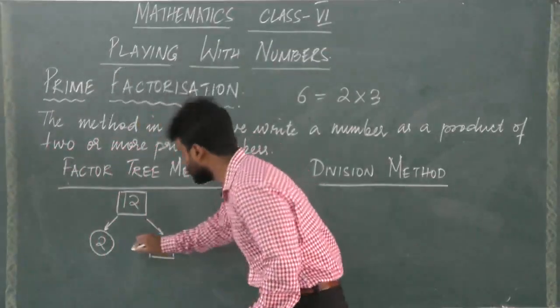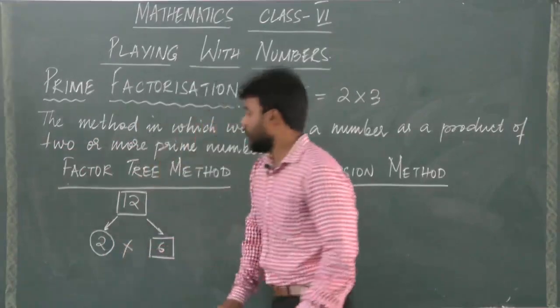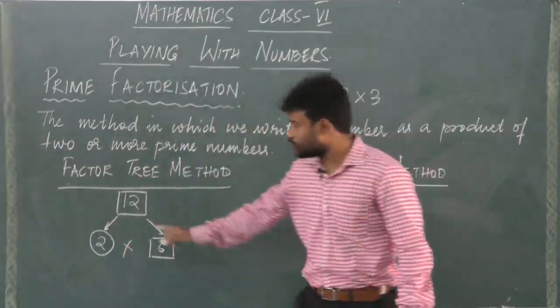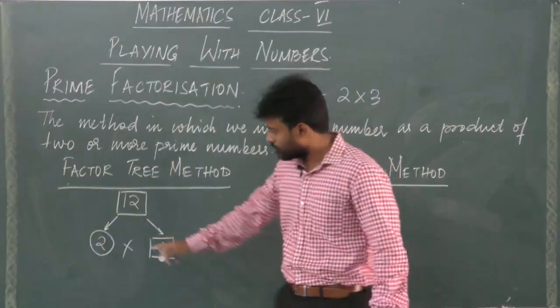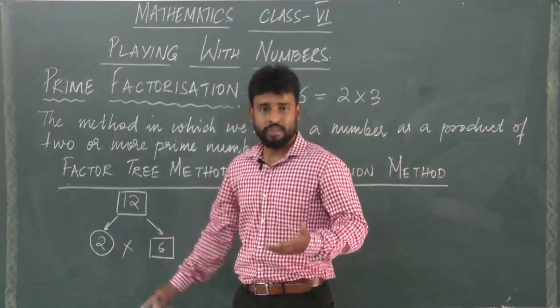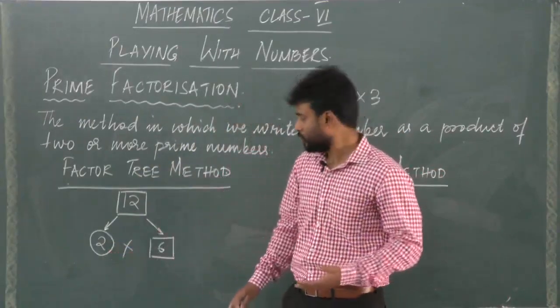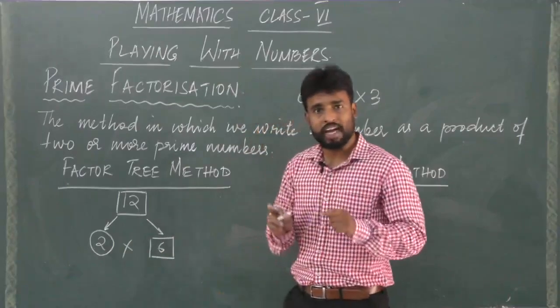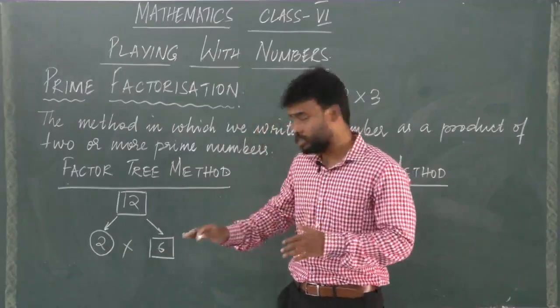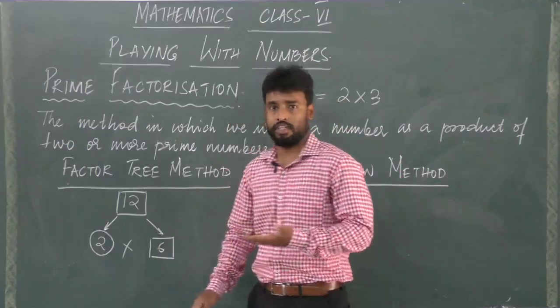So what I have done is, I have written 12 as 2 into 6. I have circled 2 because it's a prime number, it cannot be factorized further. I have written 6 in a square because it can be factorized further.